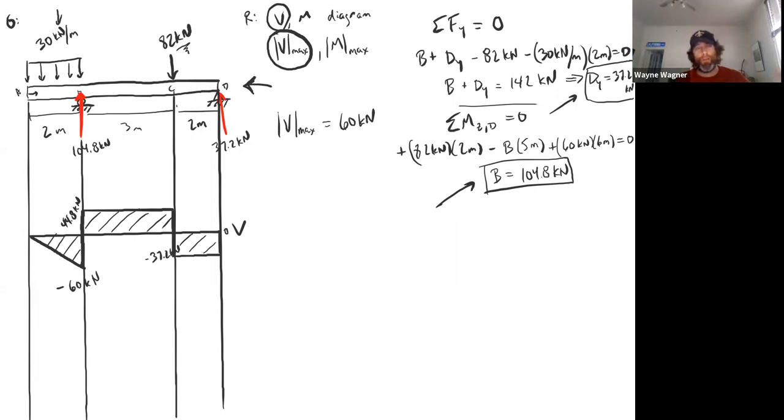Okay, so if it can't resist 60 kilonewtons of shear, then what's going to happen is the left-hand side of this beam is going to go down and the right-hand side is going to go up, probably somewhere, just barely to the left of B. So the way this thing would fail is a crack would develop right here, and that whole thing would just kind of shear off.